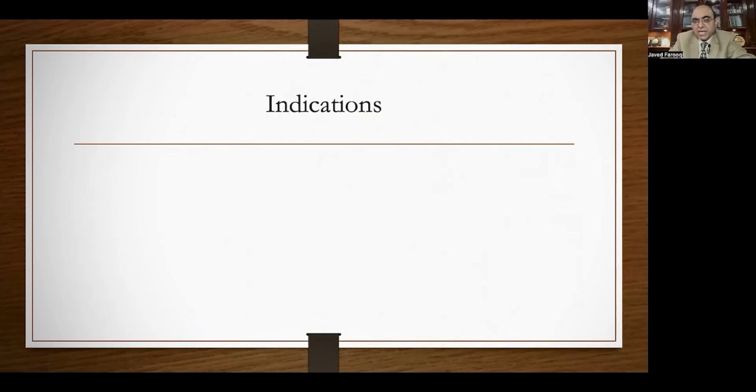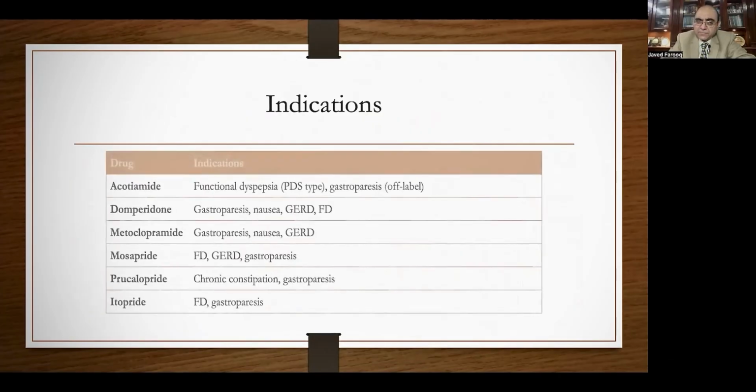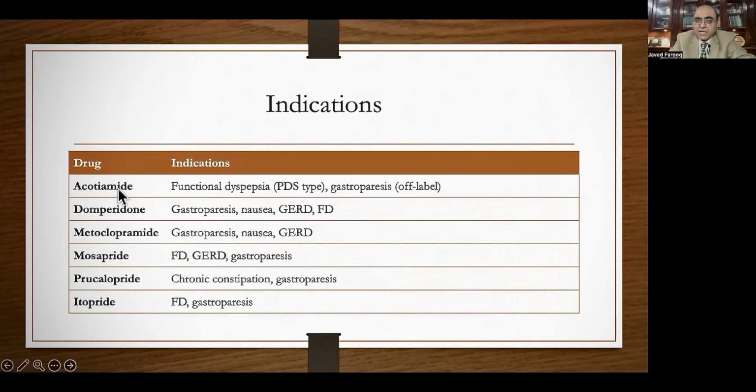So what are the indications for prokinetics? Acotiamide is indicated in functional dyspepsia of PDS type, as well as being used off-label for gastroparesis. Domperidone is indicated in gastroparesis, nausea, gastroesophageal reflux disease, as well as functional dyspepsia.